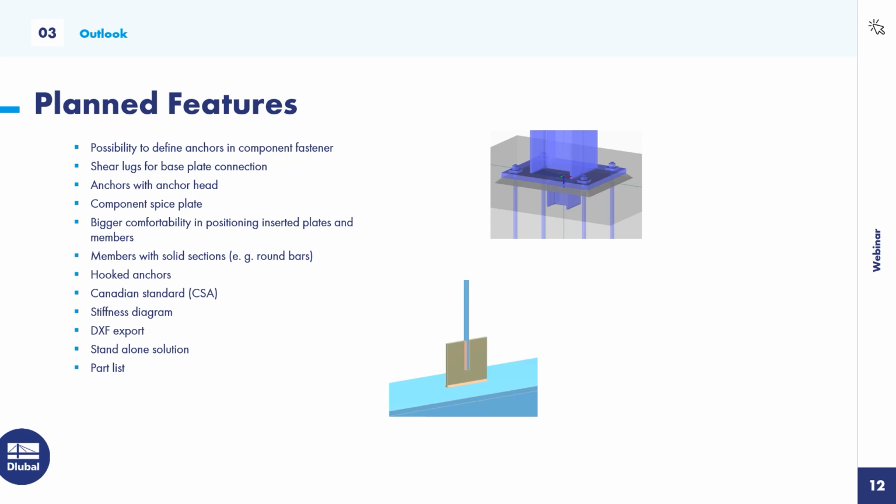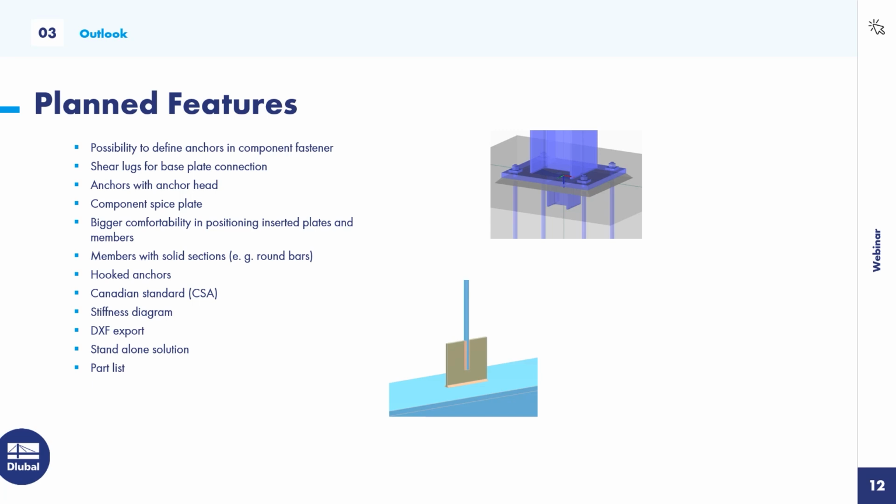We will provide a standalone solution so that you can use the add-on Steel Joints without RFEM. Then you need to import the internal forces and so on from other programs, and then you can calculate your steel joint. The last feature is a part list that we will implement in the future.